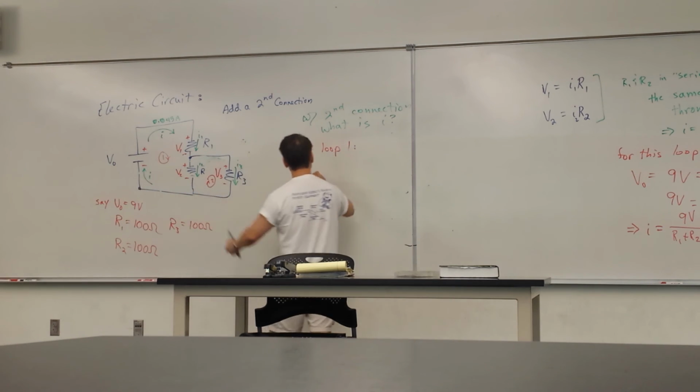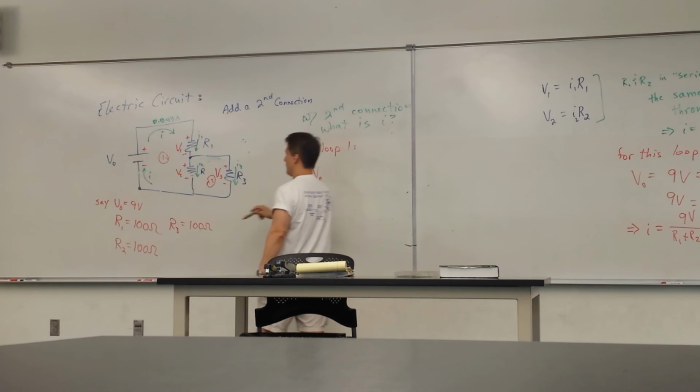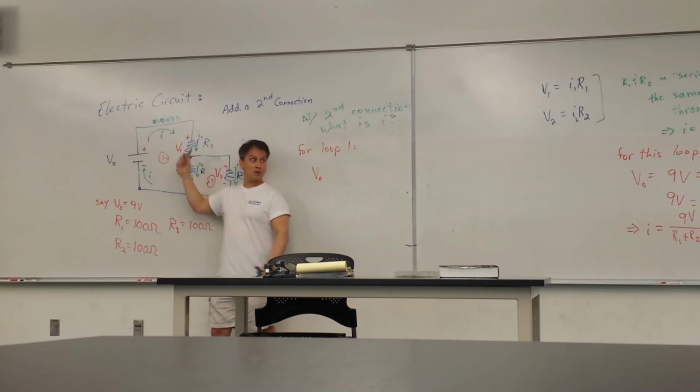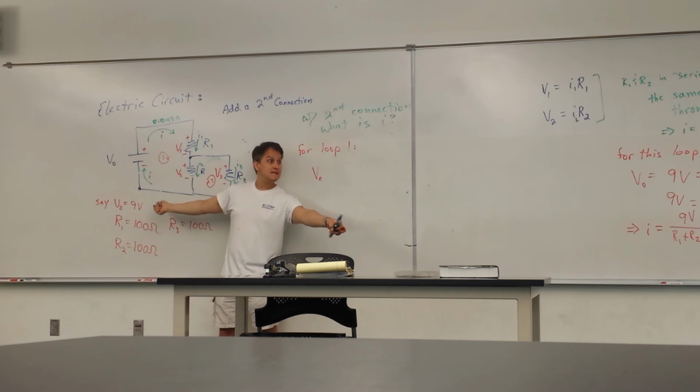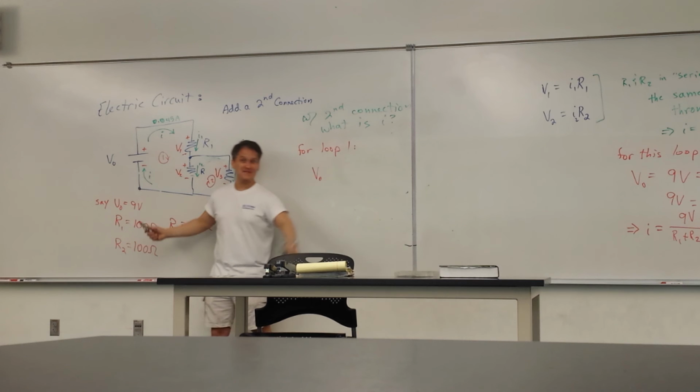For the first loop, we play the same game we played before. If you start here and go all the way around. Yes. Does loop 1 include the V2 part? No, it can, it doesn't have to though. This is where the Zen comes in, if you will.